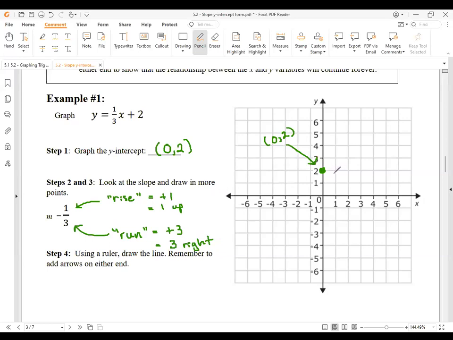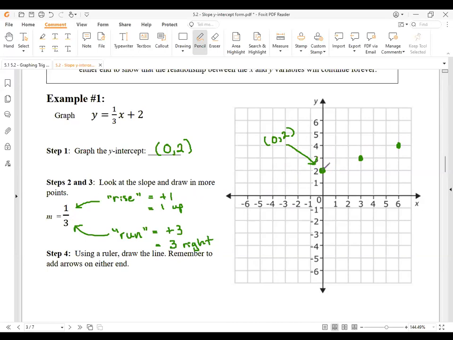From my y-intercept, I'm going to move up by 1, 3 to the right. Up by 1, 3 to the right. And up by 1, I ran out of space. The left side is empty. From a location, I went up by 1 and 3 to the right.